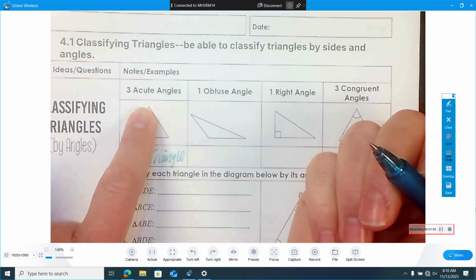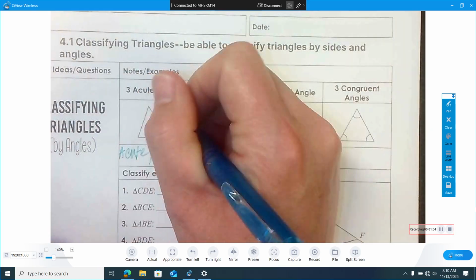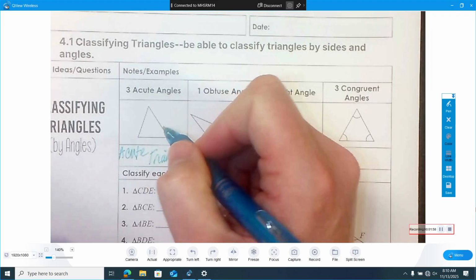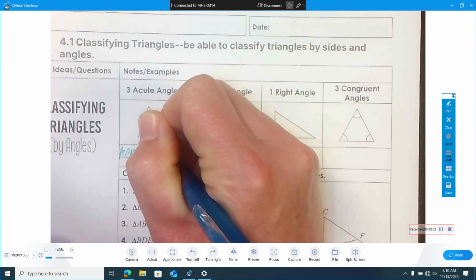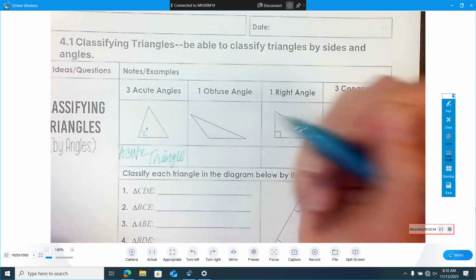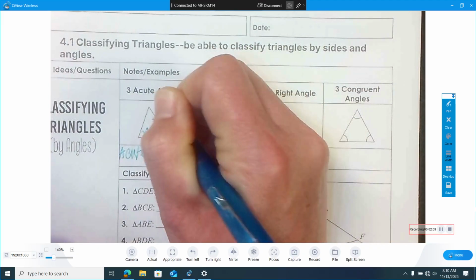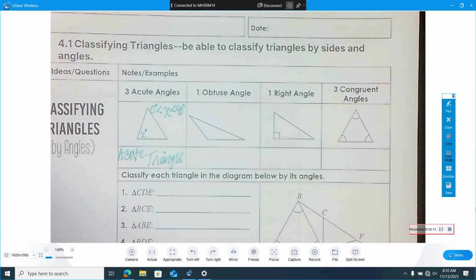What are acute angles? Less than 90 degrees. I'm going to say the angle is x degrees here. Each of them, x is less than 90 degrees and greater than 0 degrees. So it's between 0 and 90 degrees.